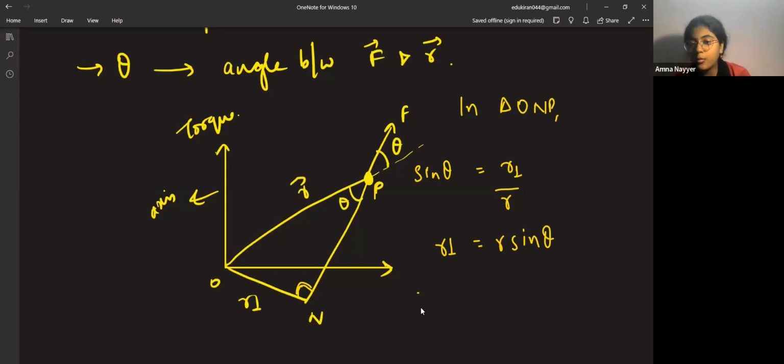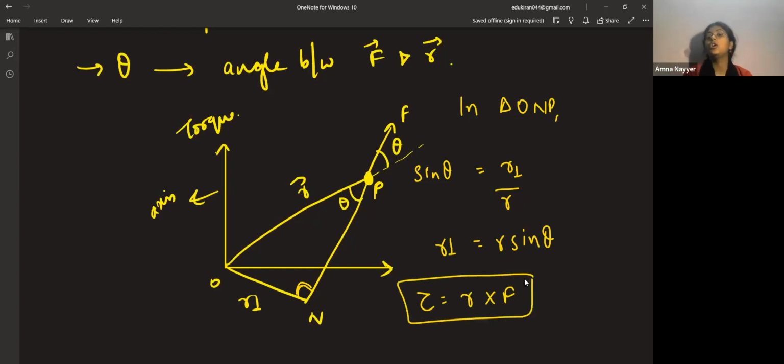Now come to the formula of torque. Torque is R cross F. This is the formula for torque. Cross product, those who haven't studied, we'll discuss it; those who have, please revise it. Cross product, dot product, these things will be used often now. So tau is R cross F, the product of force and perpendicular distance. This is actually R F sine theta.